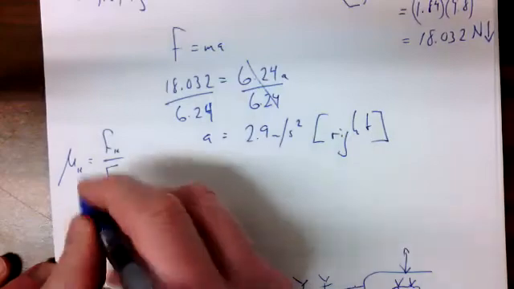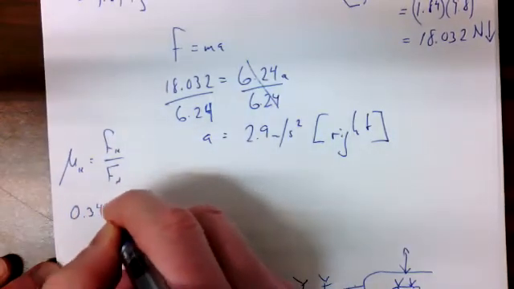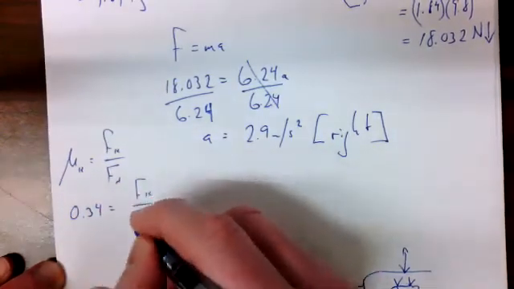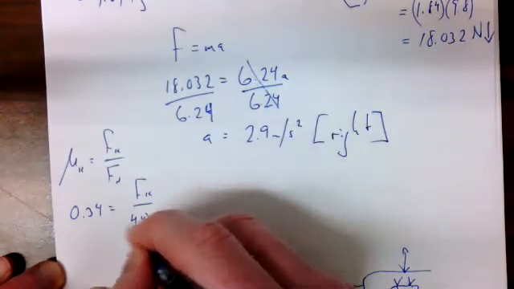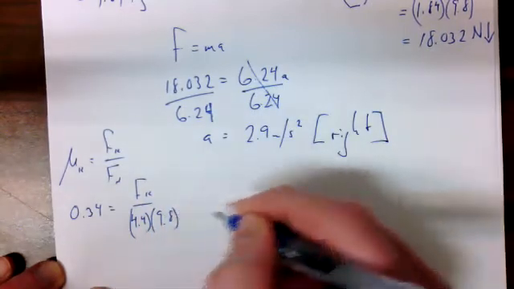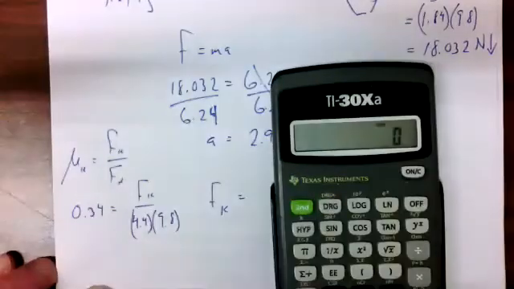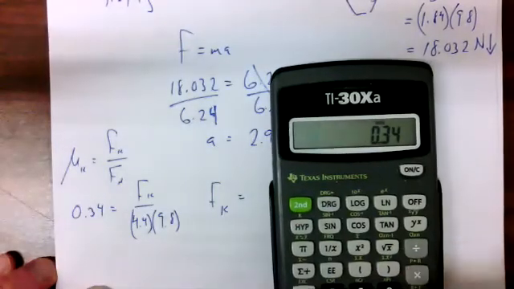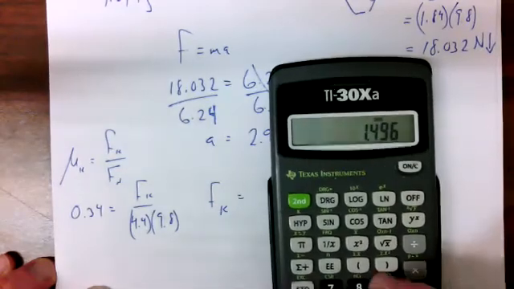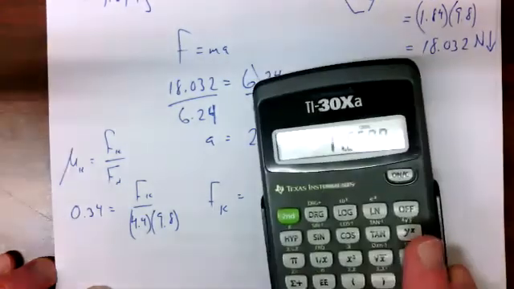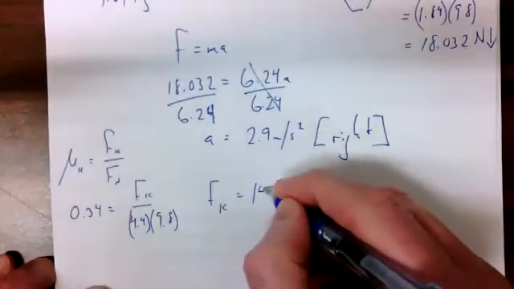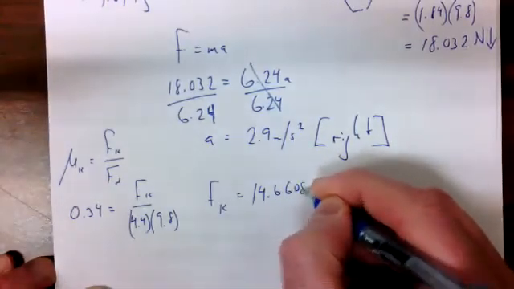Sorry, I got carried away here. So mu k 0.34 equals Fk over 4.4 times 9.8. So Fk is equal to 0.34 times 4.4 times 9.8, 14.6608.